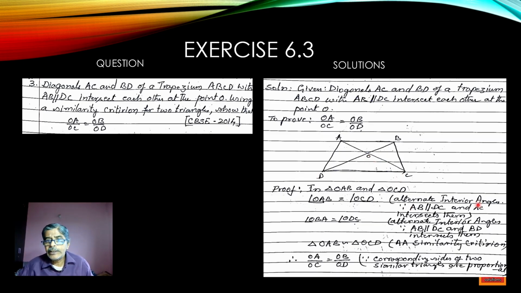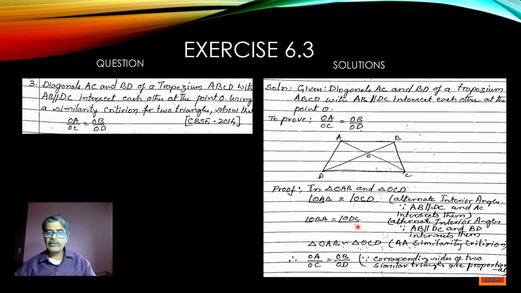Angle OAB is equal to angle OCD, alternate interior angles, because AB is parallel to DC and AC intersects them. Next, angle OBA is equal to angle ODC. Why?